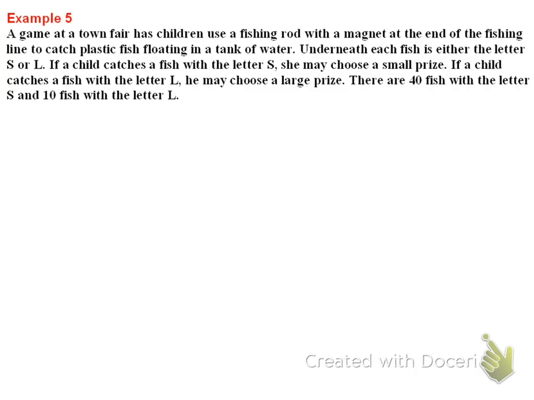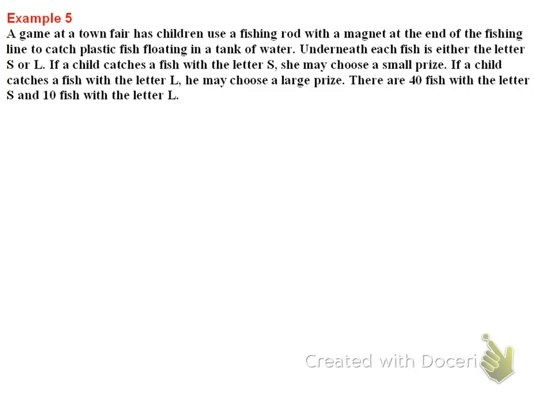They use that magnet to catch plastic fish floating in a tank of water. Underneath each fish is either the letter S or L. If a child catches a fish with the letter S, she may choose a small prize. If a child catches a fish with the letter L, he may choose a large prize. There are 40 fish with the letter S and 10 fish with the letter L.